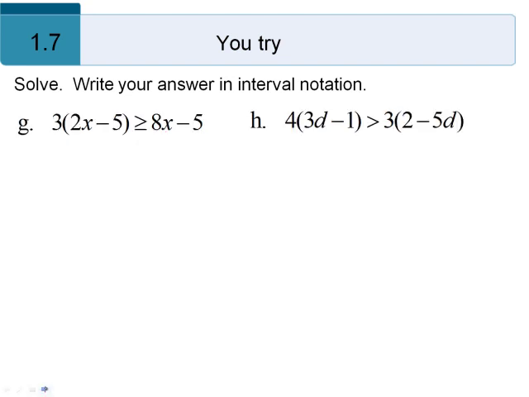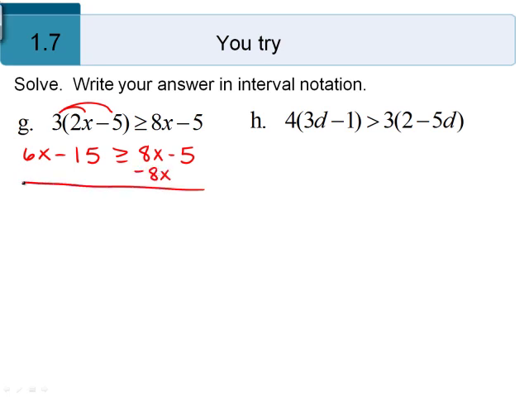All right, G and H. Solve, write your answer in interval notation. Wow, okay, so we have to do some distributing. So we have 6x minus 15, right, 3 times 5, is greater than or equal to 8x minus 5. So I'm going to move my variables to the left. I'm going to subtract 8x from both sides.